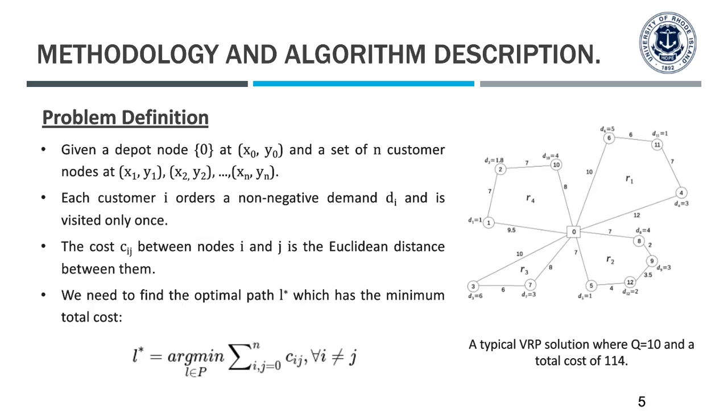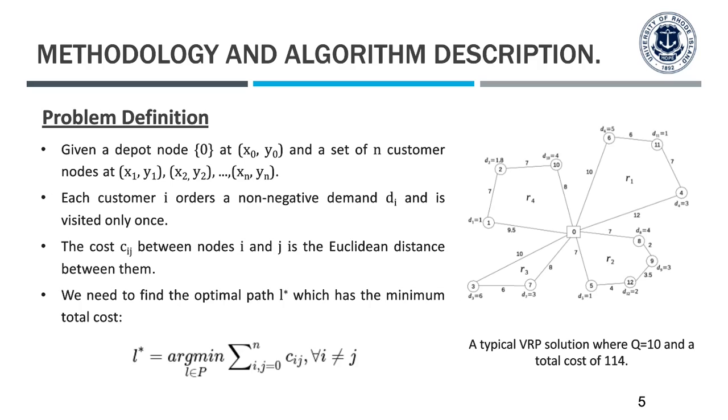But before we go, we have to define the VRP problem. We are given a depot node, 0, at a location x0, y0, and a set of n customer nodes at x1, y1, x2, y2, and so on. Each customer i orders a positive demand d sub i and is visited only once.